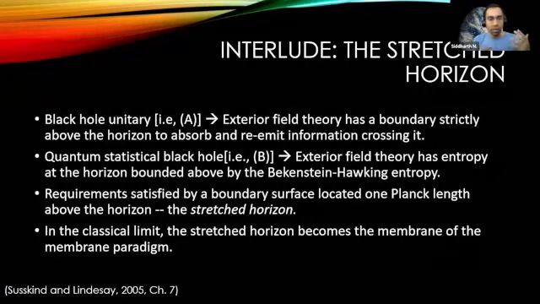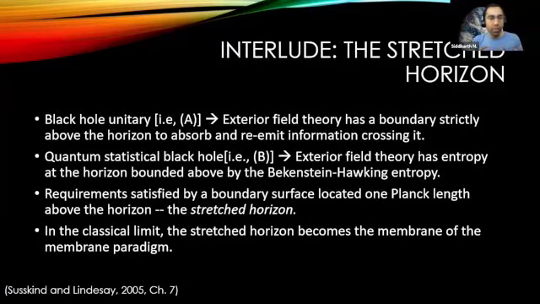The reason for its existence can be argued using two of the statements that form the problematic of the page-time paradox. The first is that black hole evaporation is unitary. So if we want a unitary black hole, this means that we need a field theory on the exterior that has a boundary strictly above the horizon, which can absorb and re-emit information crossing it. Because if we did not have some way of the information coming back into the exterior, then we couldn't maintain unitarity.